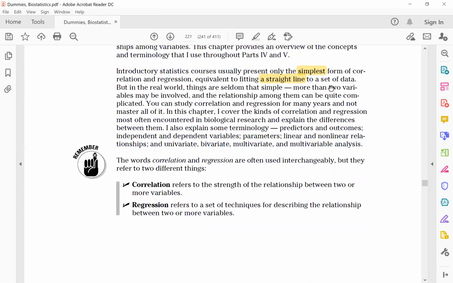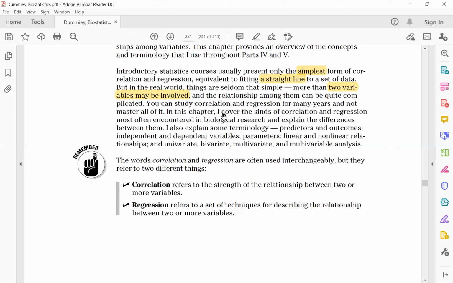More than two variables may be involved, and the relationship among them can be quite complicated. So you can study correlation and regression for many years and not master all of it.